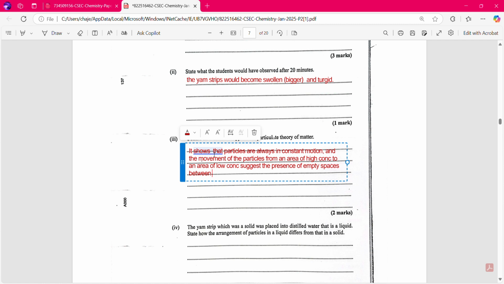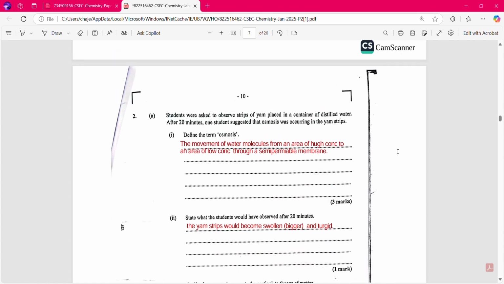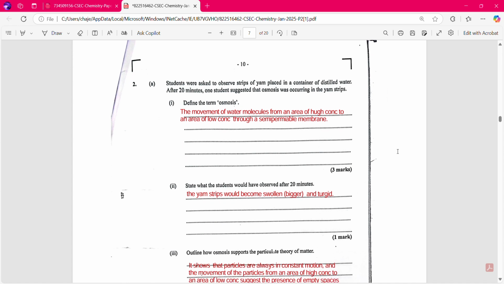Presence of empty spaces between particles. So what you gave for the definition, the movement of water molecules from an area of high concentration to an area of low concentration through a semipermeable membrane. Okay, it's alright.